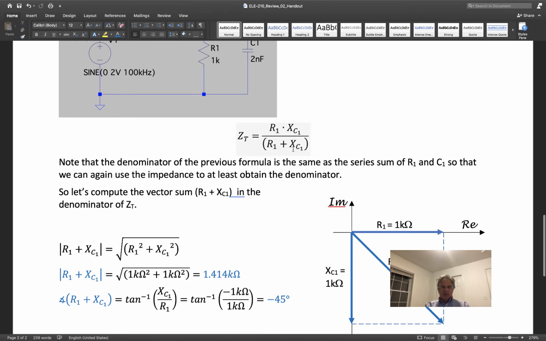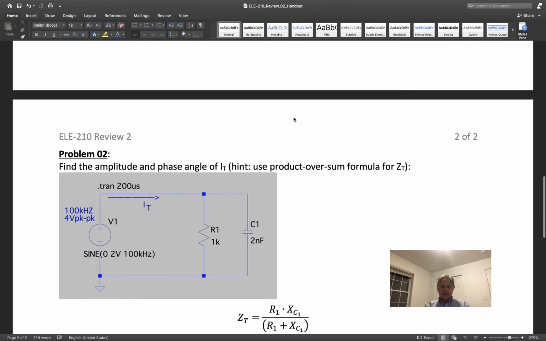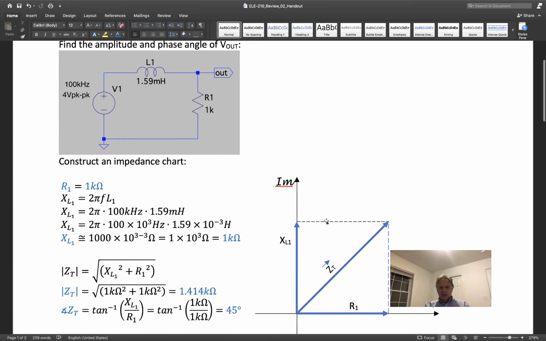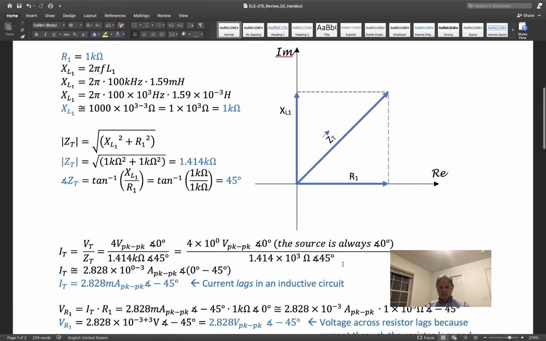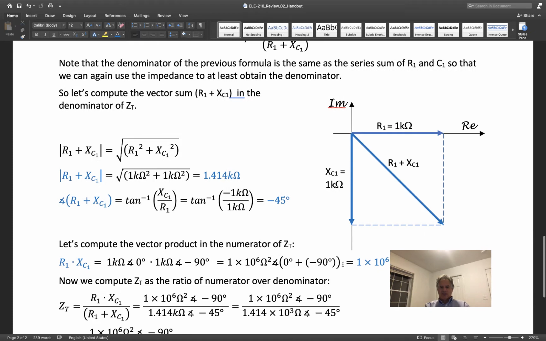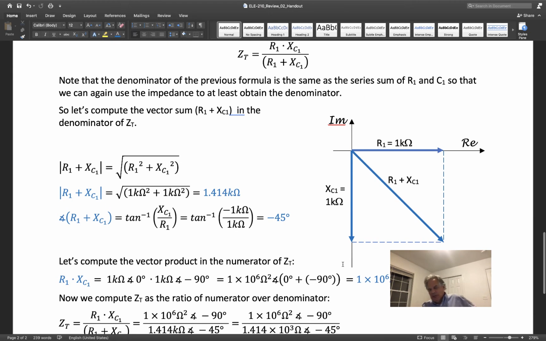And we have to do all this taking care of the fact that these are vectors. So the sum in the bottom, we know how to do that. We know how to add together vector type things. We did it up in here, and we used an impedance chart. Well, we can pull the same trick down here. We'll use an impedance chart as if it's a series circuit, but that won't be the answer. That's just part way through the answer.